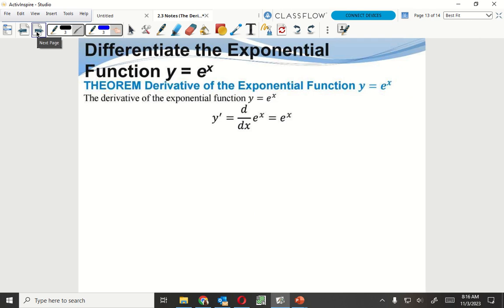All right. Differentiate the function y equals e to the x. So the derivative of e to the x is e to the x. Super easy, right? The slope of the function is always the slope of the derivative also.